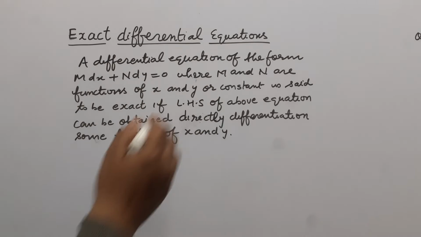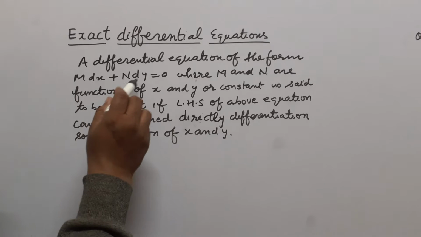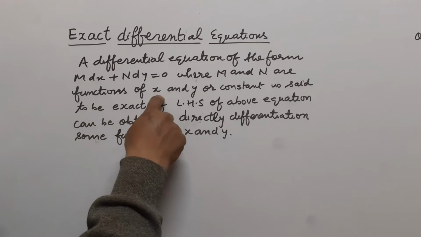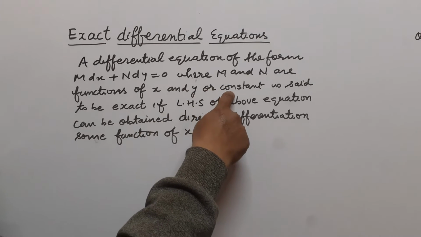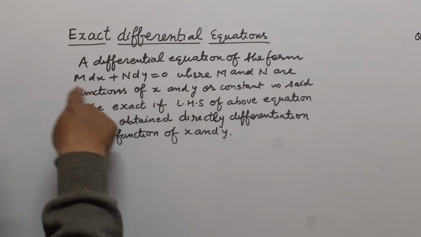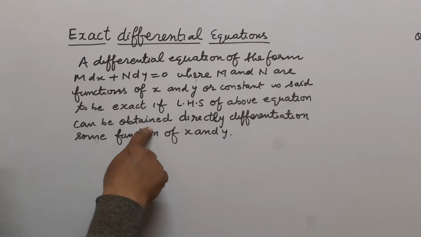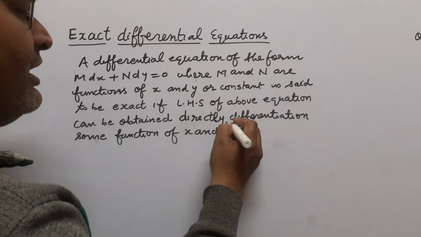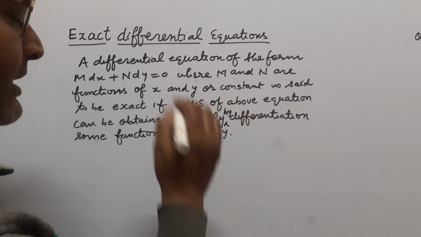Here, a differential equation of the form M dx plus N dy is equal to 0, where M and N are functions of x and y or constant, is said to be exact if the left hand side of this equation can be obtained directly by differentiating some function of x and y.